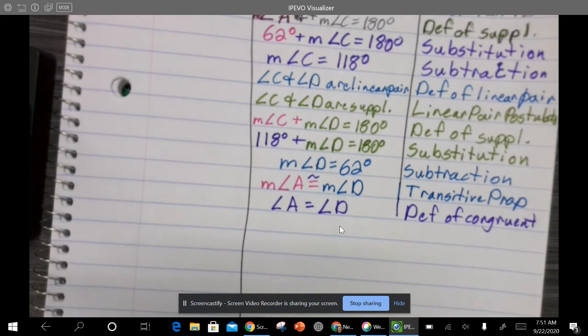Okay, so now that we got that one, let's go ahead and talk about solving angle relationships.